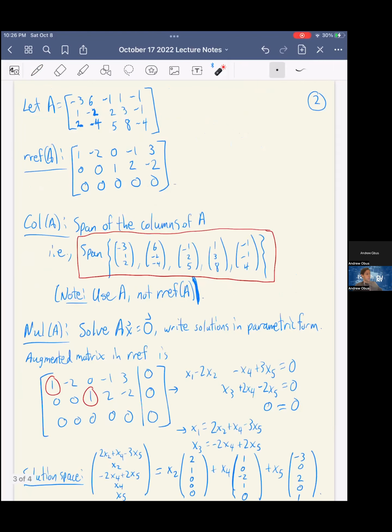Okay, so over here, for instance, I can say that the column space of A is the span of all of these different columns. But what we saw is that I don't really need 6, minus 2, minus 4. It's kind of a waste. I don't need it. And in particular, the set is not linearly independent, right? Because 2 of this plus 1 of this plus 0 of all the other stuff is equal to 0.